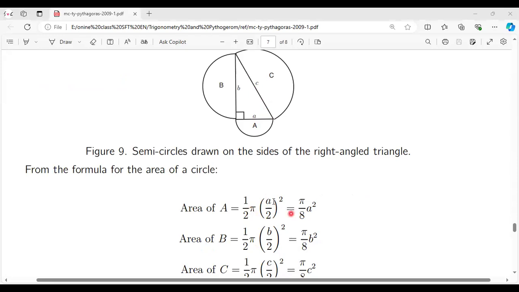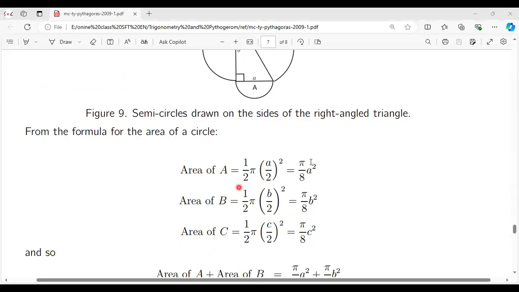So the radius is going to be how much? The length is a for the shortest side. A is equal to what? The diameter, right? Diameter divided by 2 means the radius, a to the square, right? So ultimately it gives pi divided by 8, a to the square.